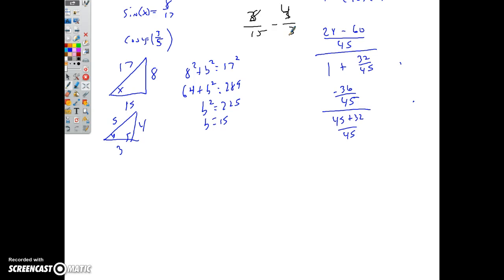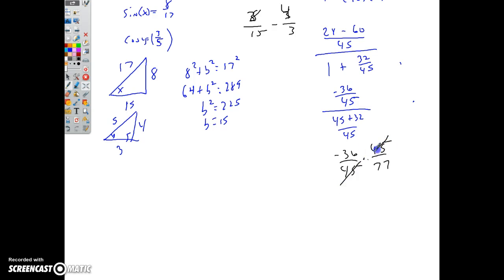Flip and multiply. I get negative 36 over 45 times the flip. Do not find the common denominator, because these are always going to cancel out if you just wait a little bit. Honest to goodness, save yourself some grief. You can always go back and shrink it down and blow it back up and be sad about it. That's another option.